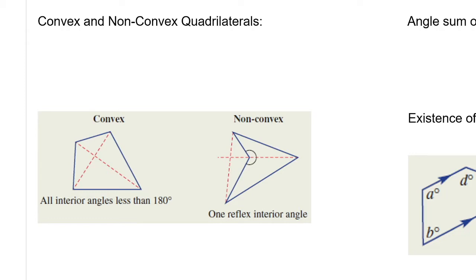So the first thing I need to talk to you guys about is the idea that you can have convex quadrilaterals, which means that all of our interior angles are less than 180 degrees, but also all of the points or the vertices point outwards.